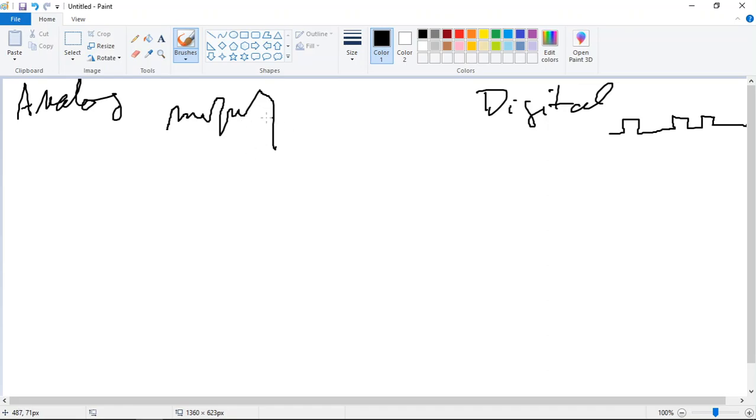That's a good case. But anyway, what's important to notice is that your signal is moving within a range. There's a whole range, and the values that it takes are within this range. This is just like your ears.